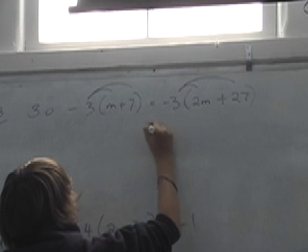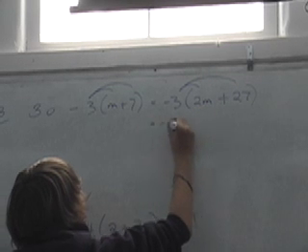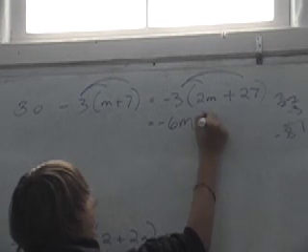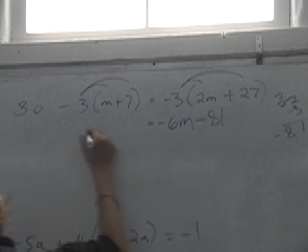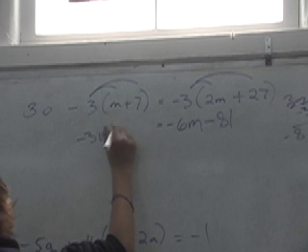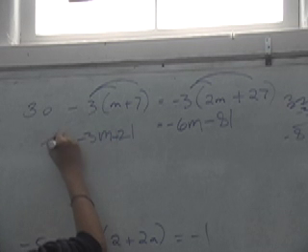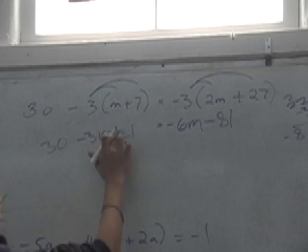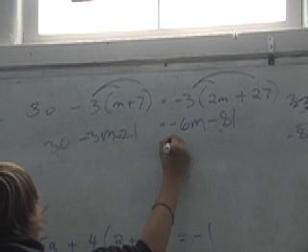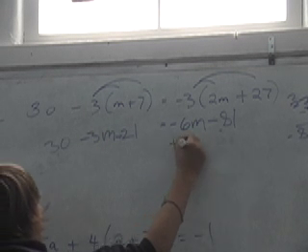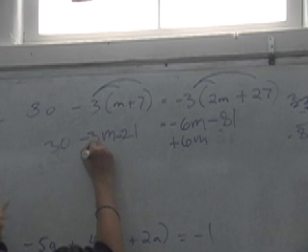You get negative 6m, subtract 81, and then on this side you get negative 3m minus 21, 30. So what you do is add 6m, because it's the smaller one.